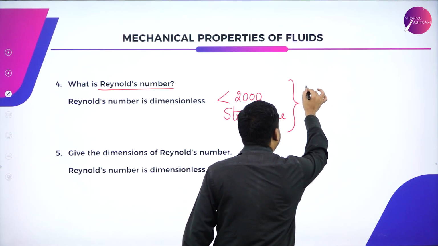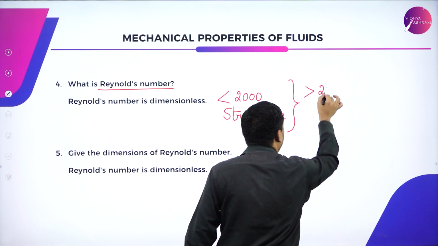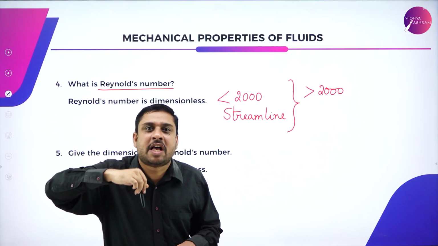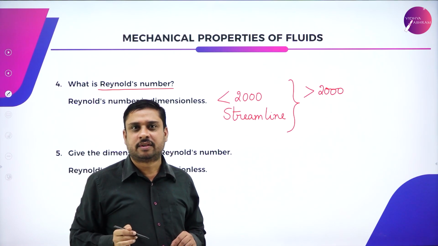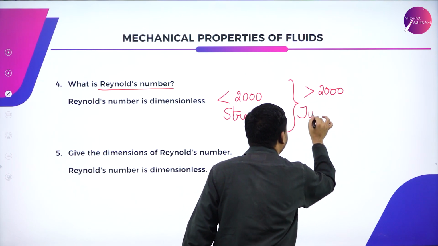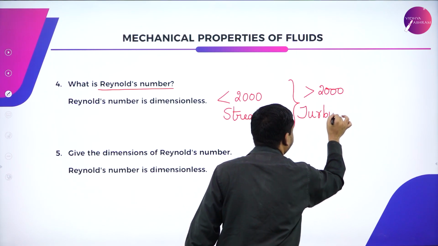If it is greater than 2000, this is where critical velocity is broken down and the motion becomes turbulent.